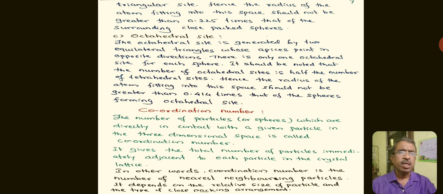It gives the total number of particles immediately adjacent to each particle in the crystal lattice. In other words, coordination number is the number of nearest neighboring particles. It depends on the relative size of the particle and the type of close packing arrangement.